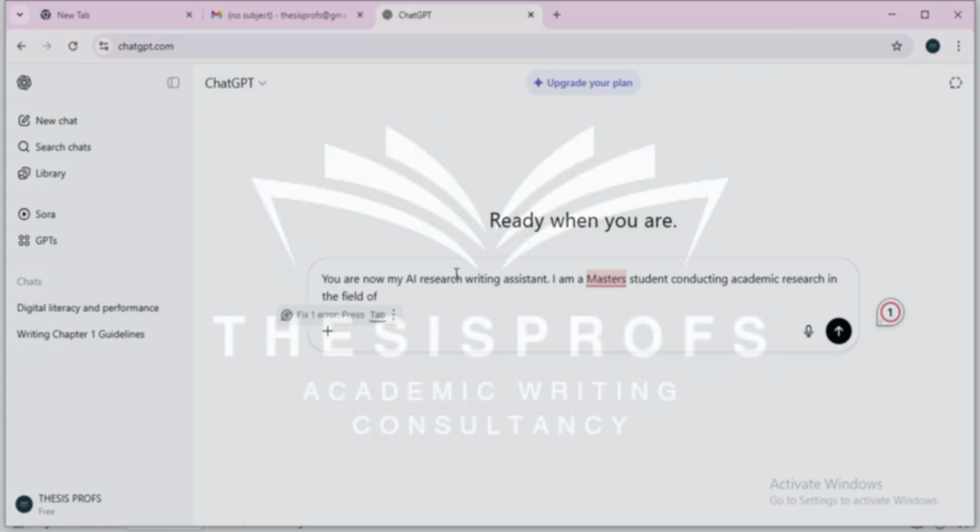Or is it education, is it philosophy, is it biochemistry, is it media studies, whatsoever field you represent, you just have to put it there. You understand?